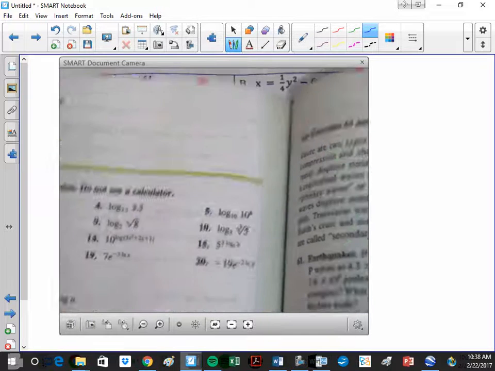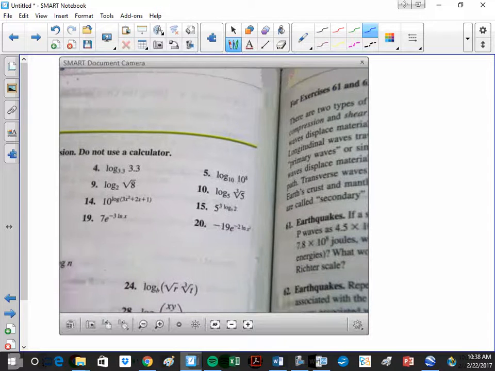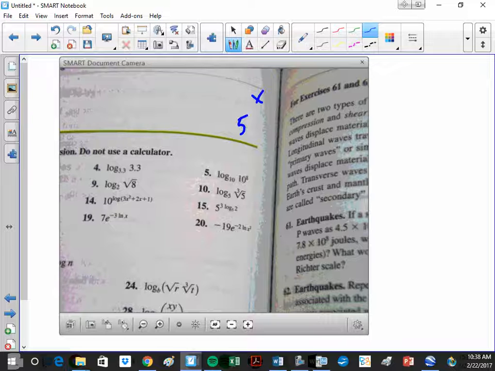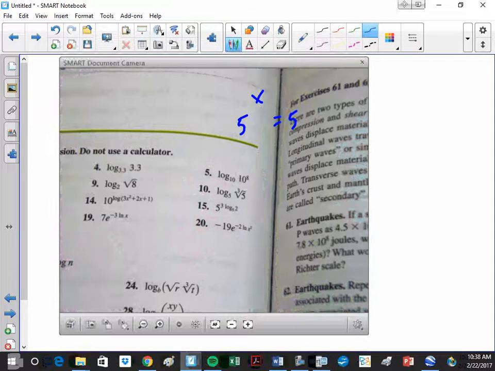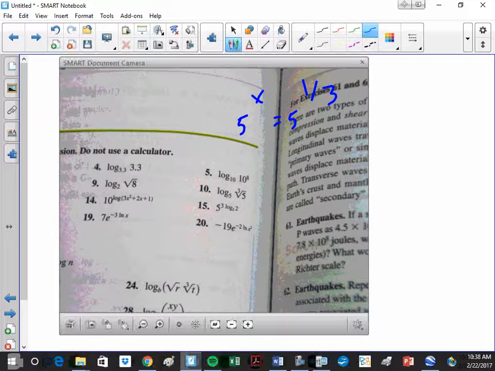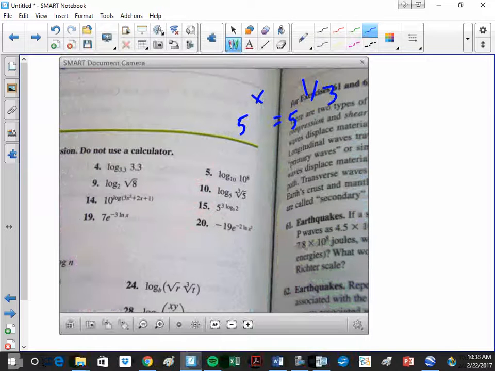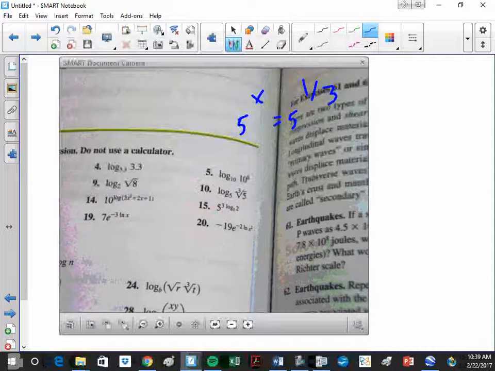So 10 is just 5 to what power is 5 to the 1/3? It's just 1/3. Right? The third root is the 1/3 power. Does that make sense, Casey? What do you not get?